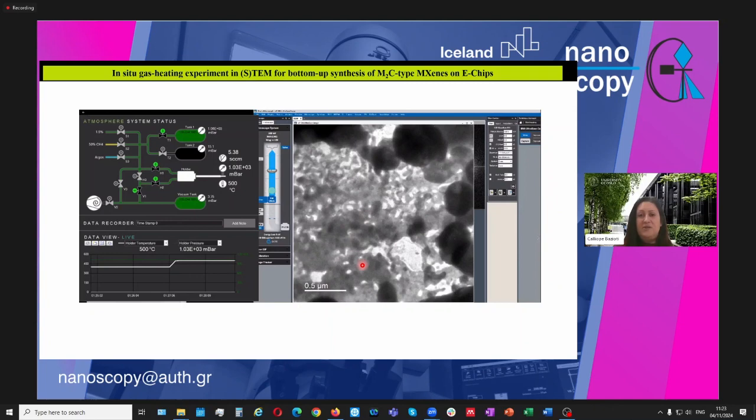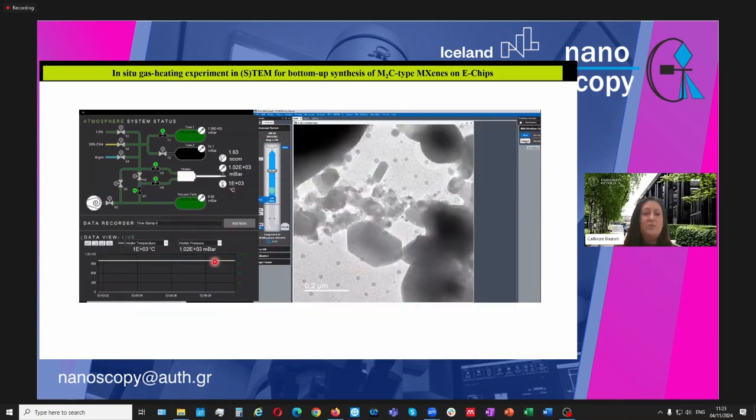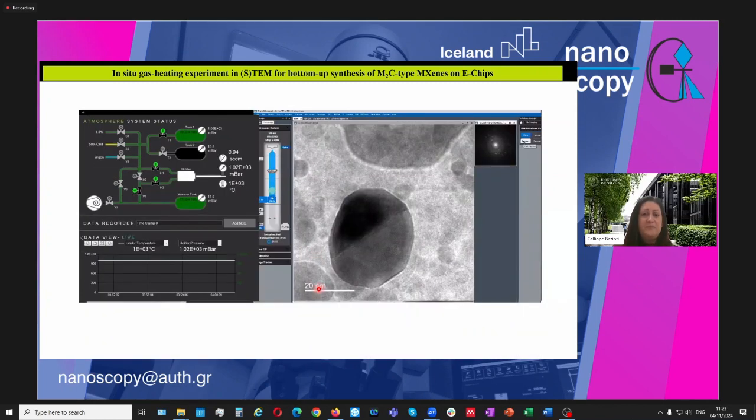We already see changes in our material, and gradually when we reached the maximum temperature and the maximum pressure of the gases, we see the formation of these hexagonal, some of them were hexagonal at least, flakes. It is also important to notice that even at very high temperature, the system was quite stable, and we managed to have high resolution images.